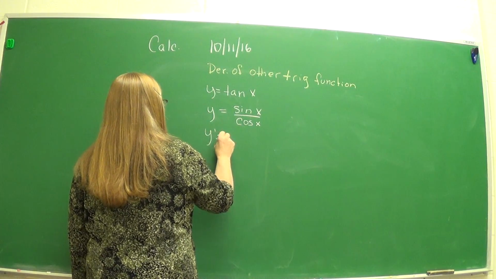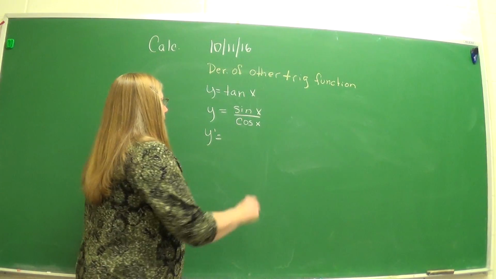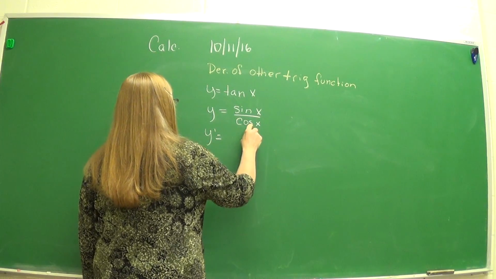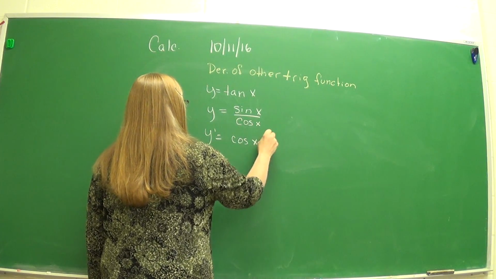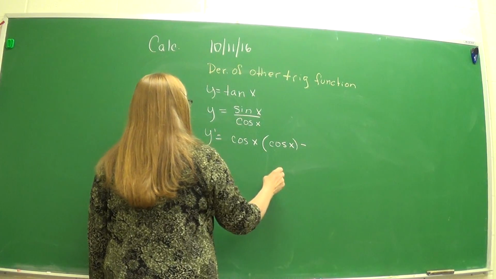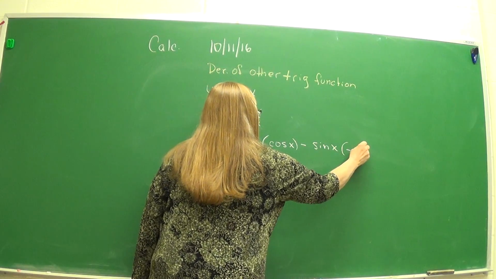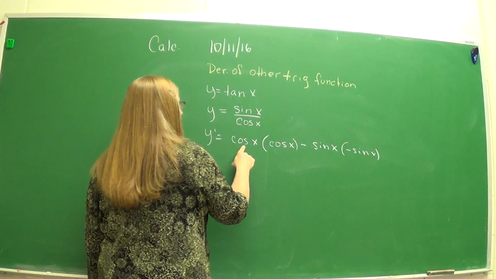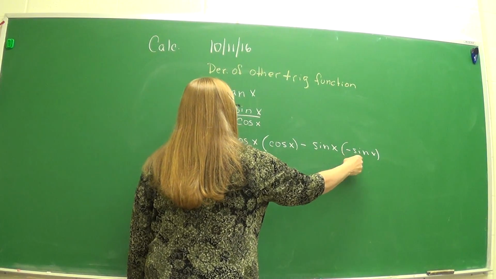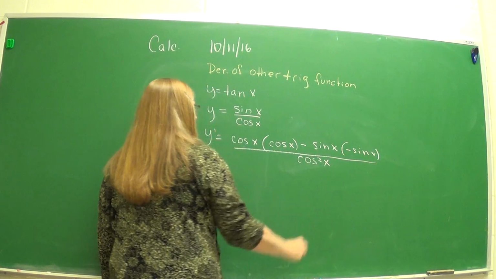So y prime is going to use the quotient rule: low d high minus high d low all over the square of what's below. The bottom times the derivative of the top, the derivative of sine, minus the top times the derivative of the bottom, all over the bottom squared. That's the quotient rule.